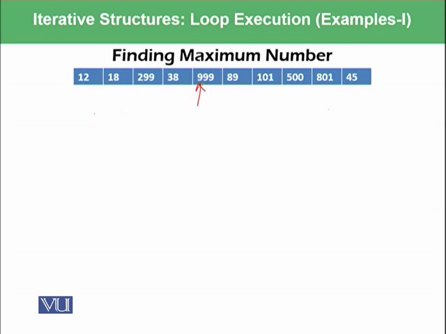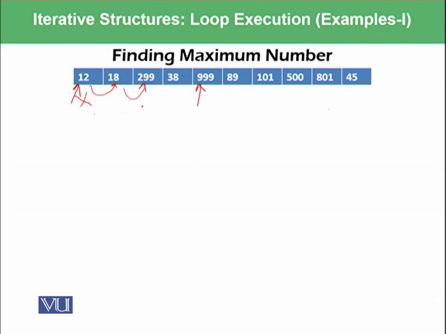And what was the procedure? Your mind actually followed a specific procedure, as follows. First of all, your mind took this 12 and compared it with 18, and when it found 18 a bigger value than 12, your mind left 12 and 18 remained in the mind.